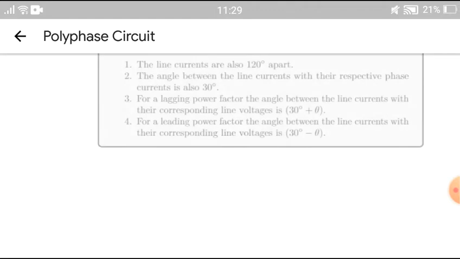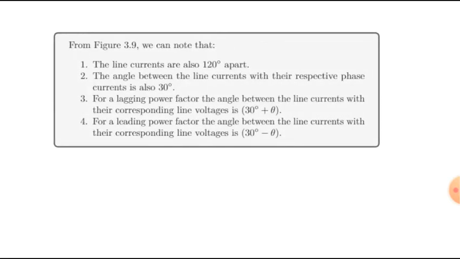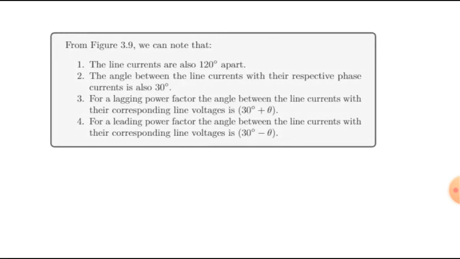So from here we can conclude that the line currents are also 120 degrees apart. The angle between the line currents and the respective phase currents is also 30 degrees, the same as the phase and the line voltage in star connected.